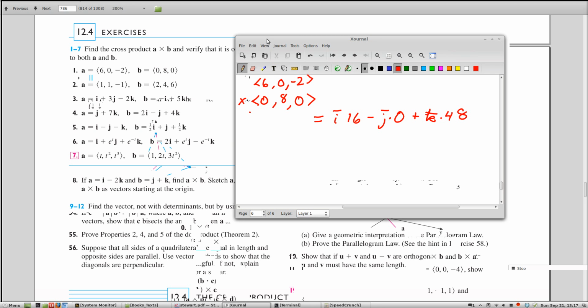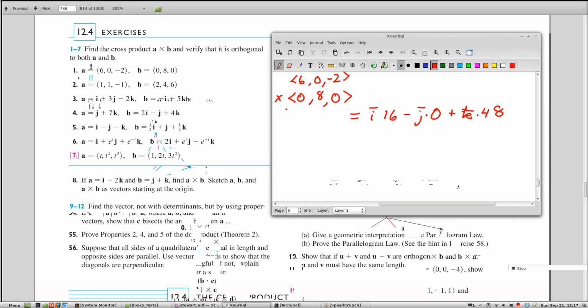And so there you have it, that's the answer. And here it says verify that it's orthogonal to both A and B. So let's do that. This and other notation is just 16, 0, 48. So is it true that this thing is really orthogonal to both of these?